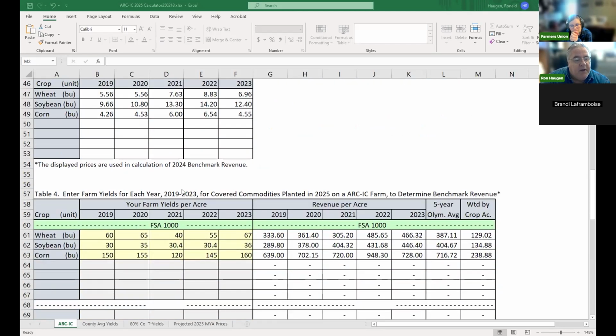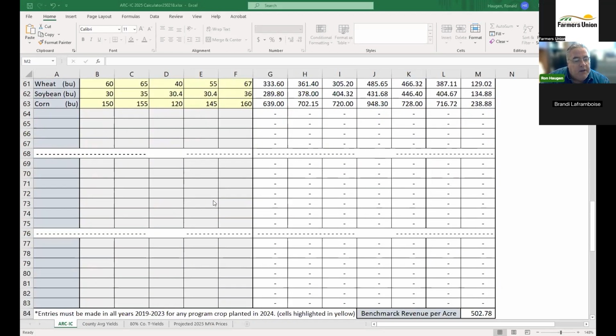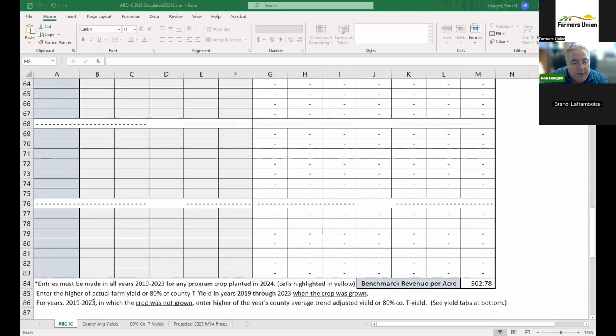The next thing you have to enter is your history of farm yields: 19, 20, 21, 22, and 23. These are certified yields. If you read down on the bottom, enter the higher of your actual farm yield or 80% of T when the crop was growing.